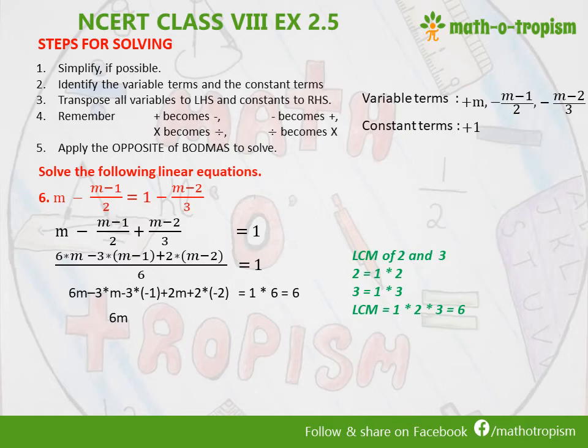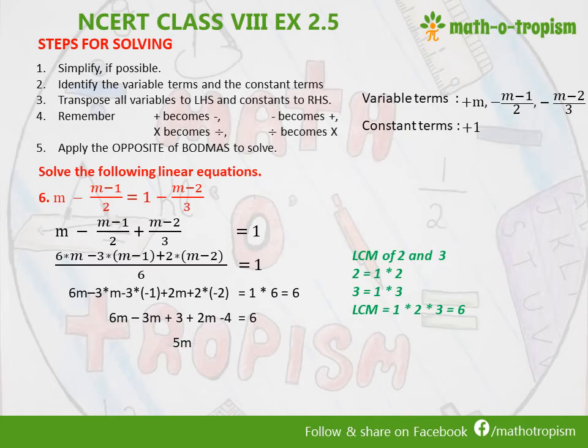When we expand, it becomes 6m minus 3m plus 3, because minus 3 into minus 1 has two negative signs, and an even number of negative signs makes a positive sign. So it becomes plus 3 plus 2m, and again 2 into minus 2, where there is one plus sign and one minus sign. Since only one minus sign is there, it will come as a minus. So minus 4, which is equal to 6.